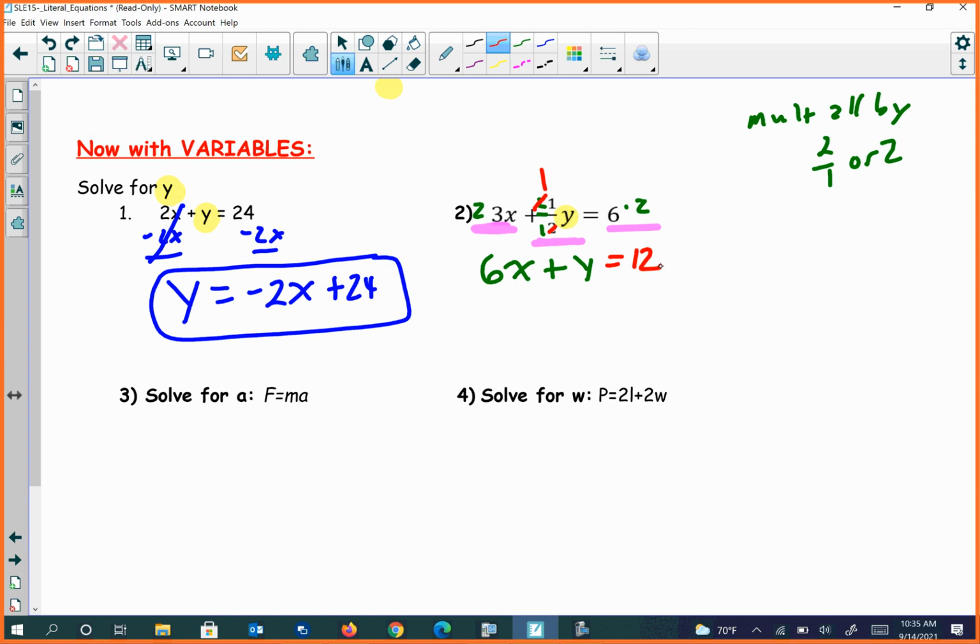All right. Hey, friends, what are we trying to solve for on these problems? Y, as far as number 1 and number 2. Okay? So I want to get that y all by itself. So what should I do to get y equals everything else? Why is it subtract 6x? You're absolutely right.